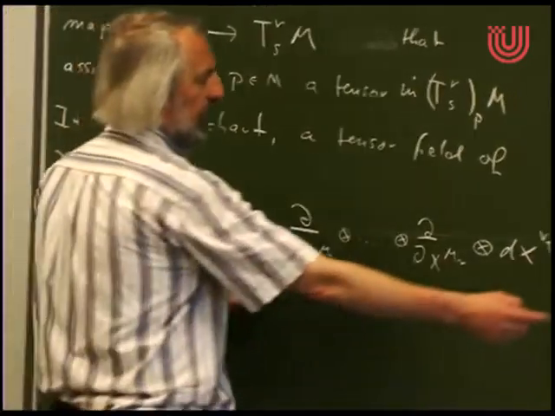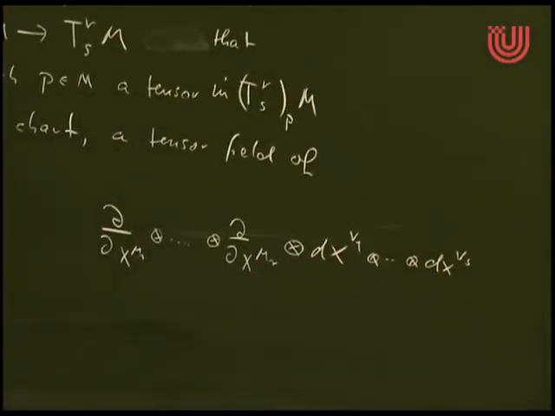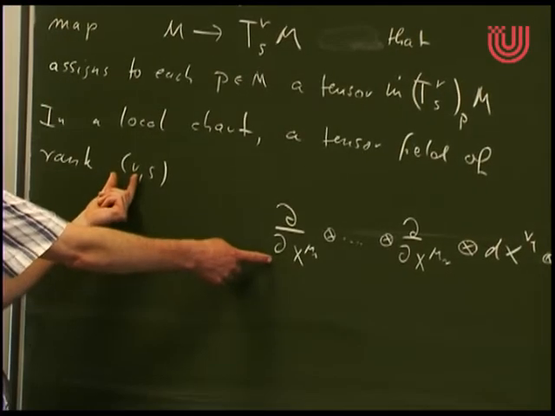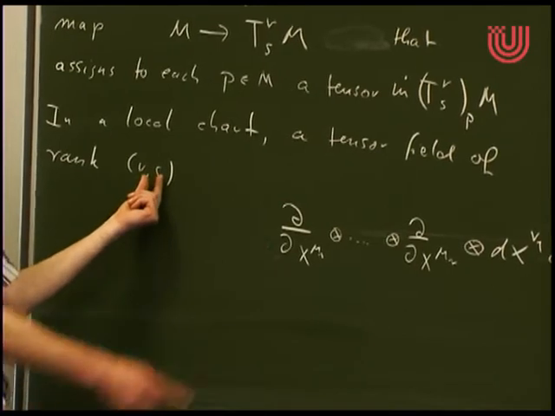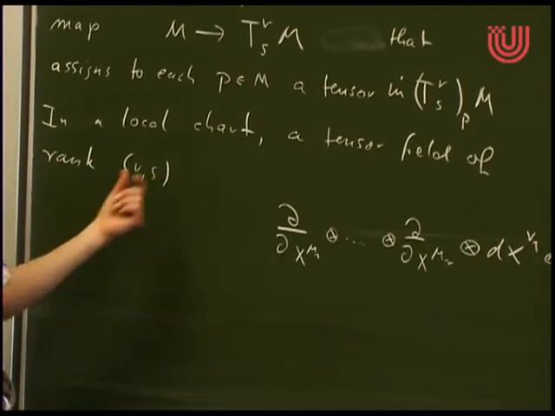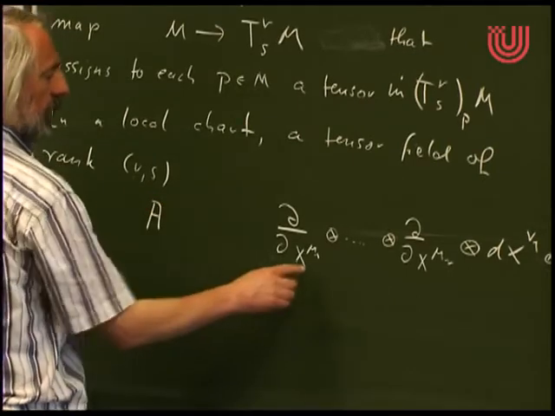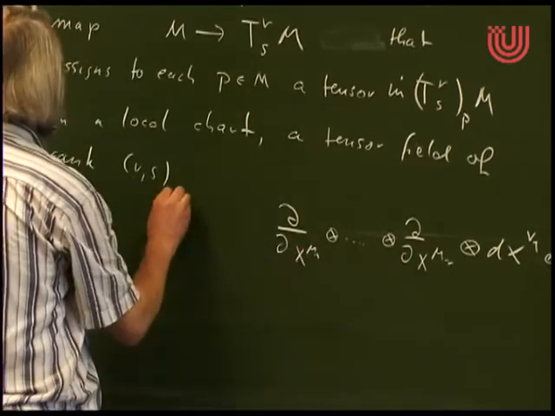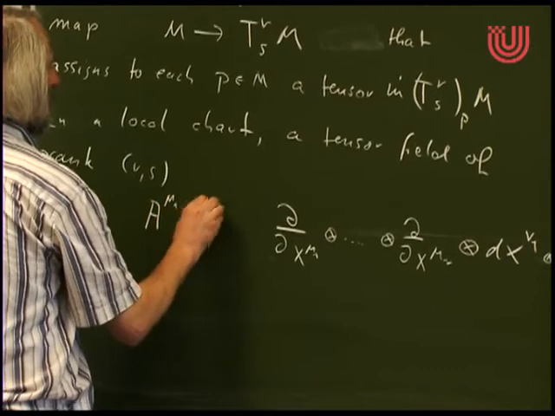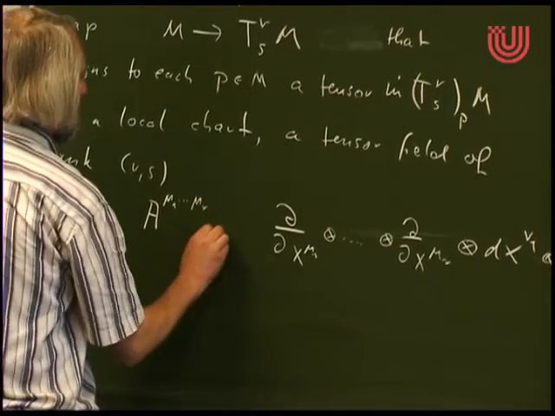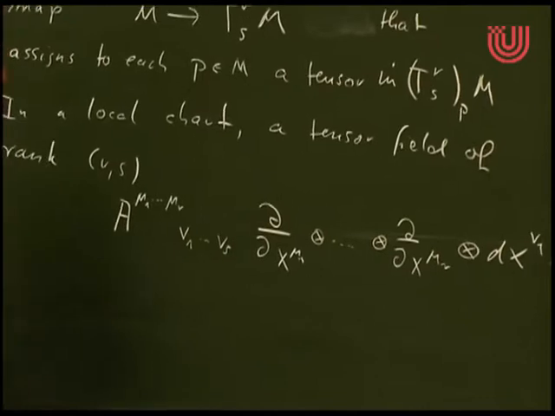So these are the basis vectors in this higher rank tensor space. I need as many basis vectors as the number r gives me, and as many basis covectors as the number s gives me. And then I have coefficients here, with indices mu1 to mu r, and nu1 to nu s.